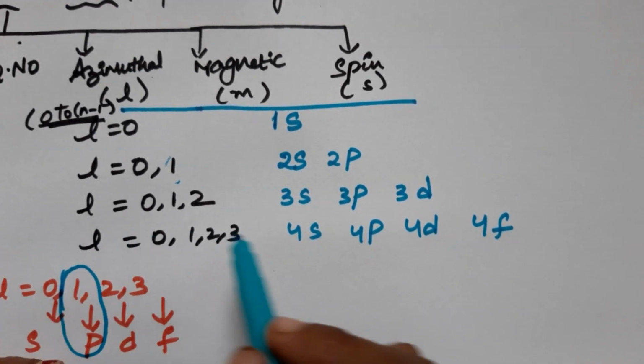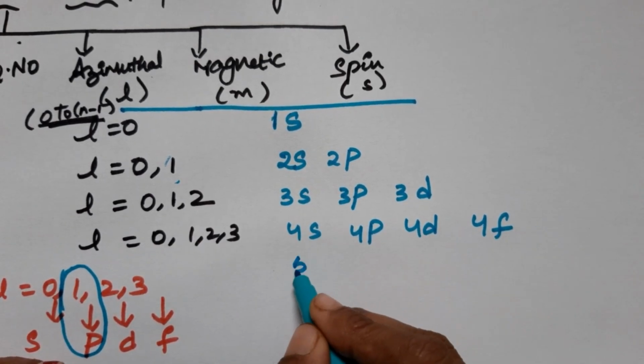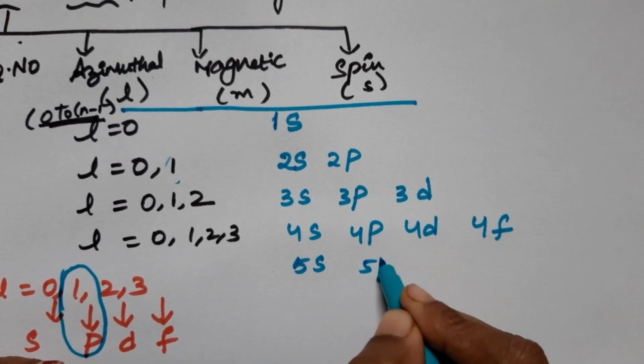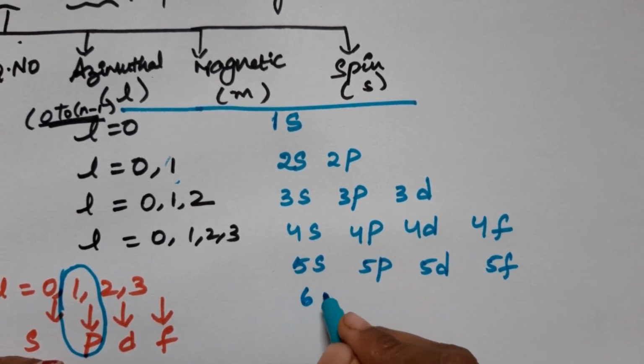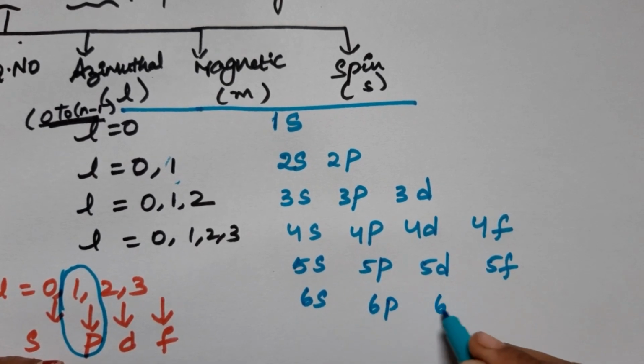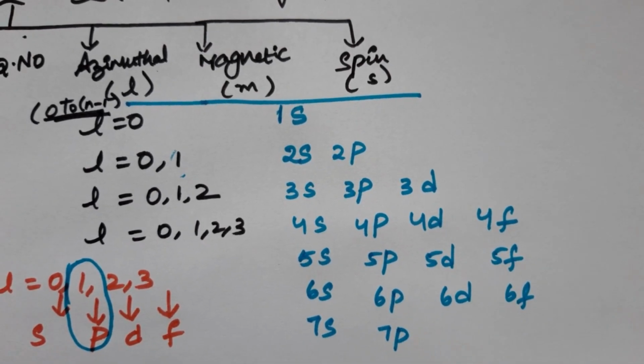Similarly, 5s, 5p, 5d, 5f, 6s, 6p, 6d, 6f, 7s, 7p. You can fill like this.